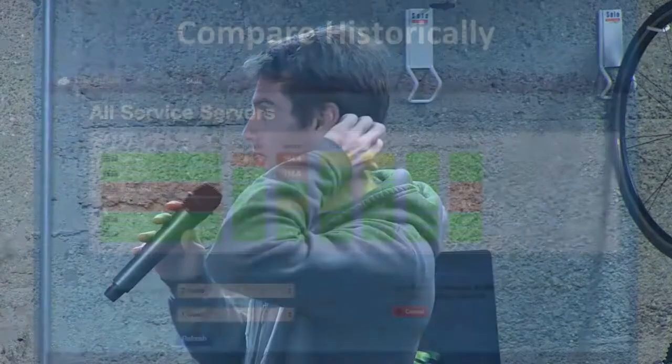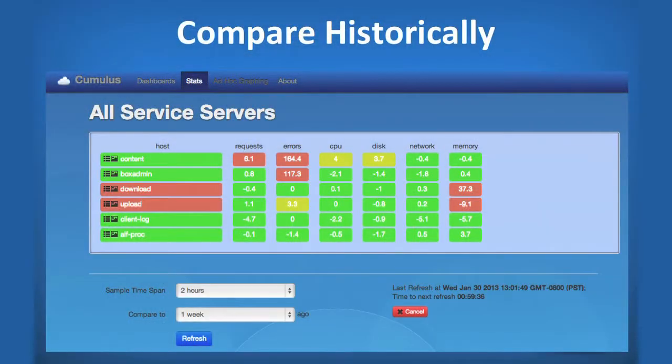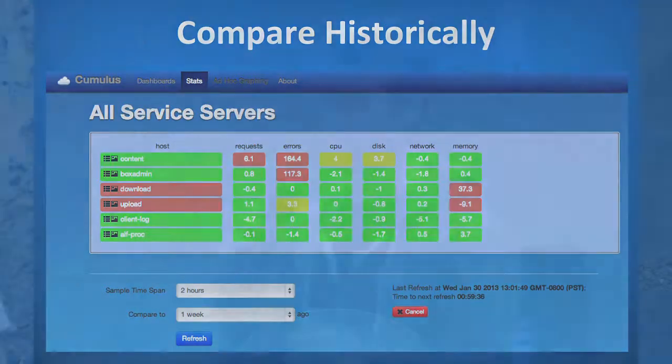So what this dashboard is displaying is server groups right here. There's an aggregate, and the numbers there are standard deviations away from the normal. In this case, you can see at the bottom, it's taking 2 hours of data and comparing it to the same 2 hours a week ago.